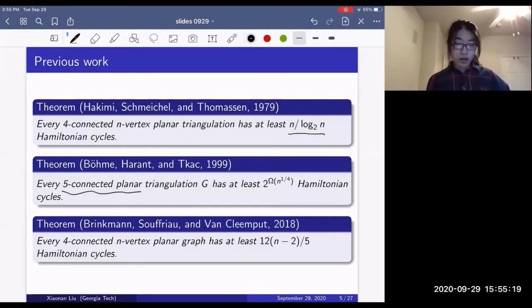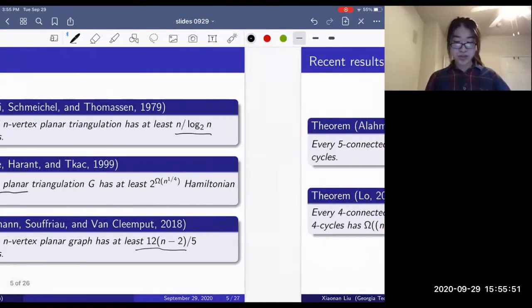Recently, Brinkmann, Souffriau, and Van Cleemput proved that every 4-connected n-vertex planar graph has at least 12 times (n minus 2) over 5 Hamiltonian cycles. Actually, this is a linear bound. It's good, but in the conjecture we have a quadratic bound. So we still have a lot of work to do.